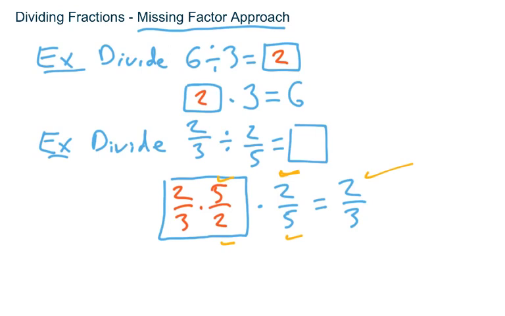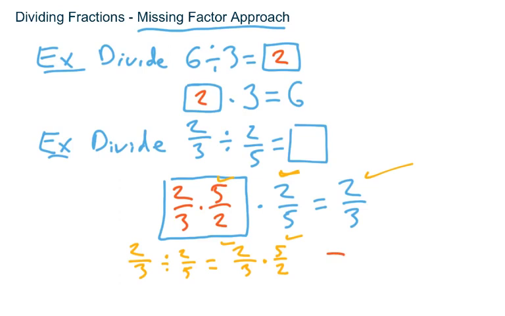Now let's look at what we have a little bit more closely, because there's a cool word we can use for this and a simple idea. When you look at 2/3 divided by 2/5, what goes in the box is you still have the 2/3 to begin with, but then you take that 2/5, that second fraction, and you basically flip it over.